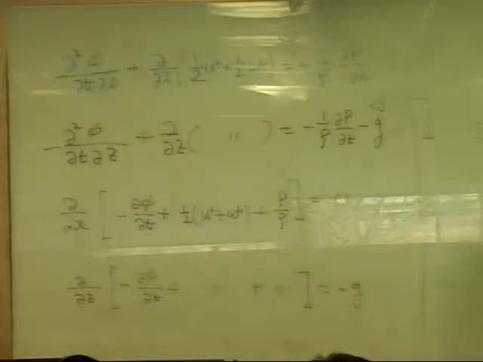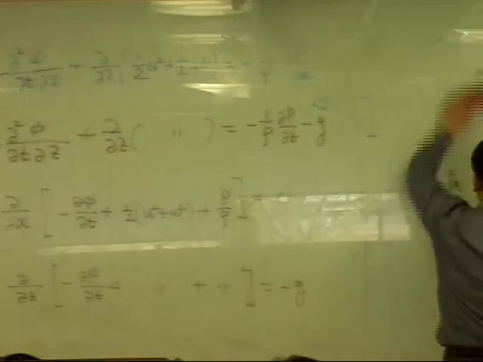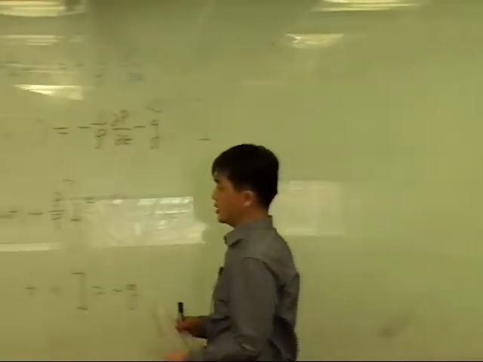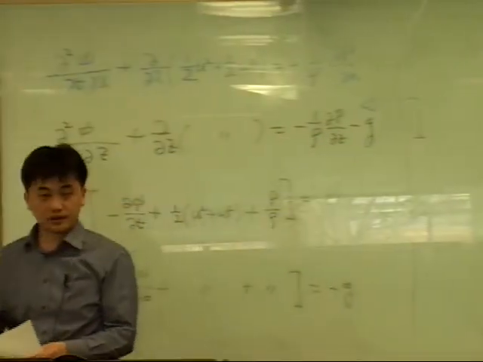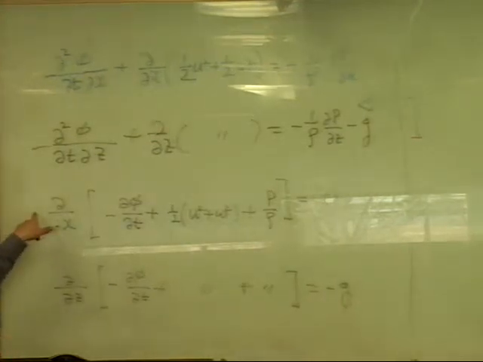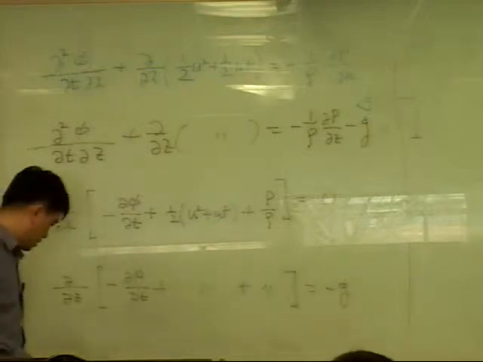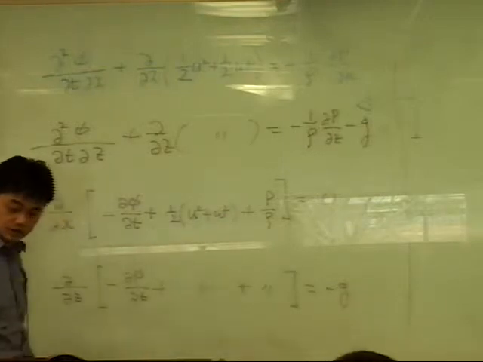Here we can integrate both equations, about x and about y. First, I can integrate the first equation about x. I can integrate the second equation about y. That's a very simple process.